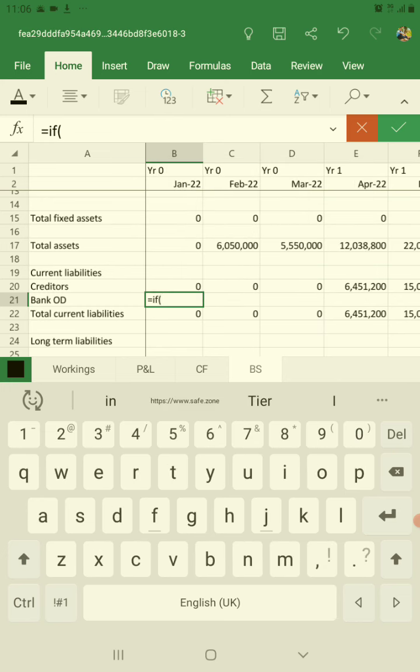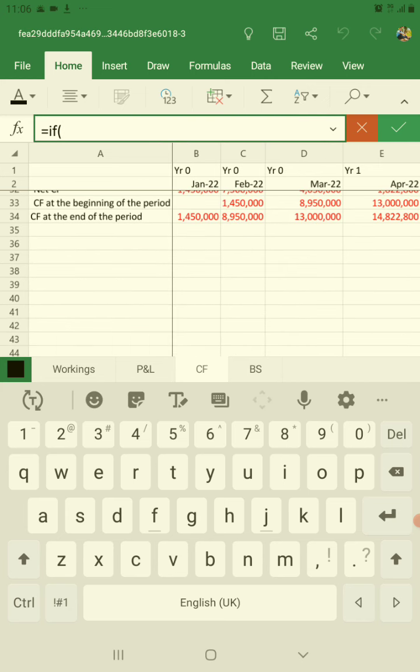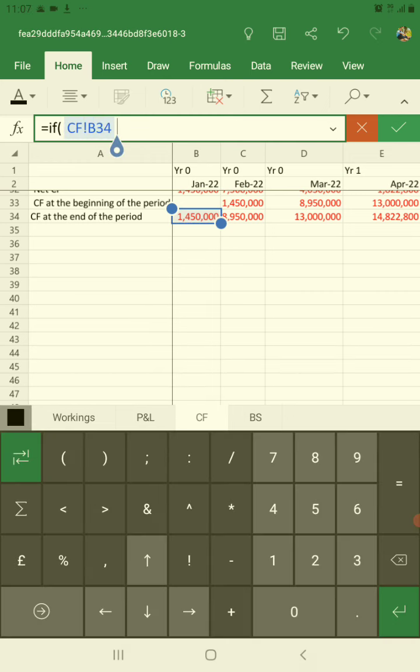If we go to cash flow again, if this balance in January 2022 is greater than 0, then I put comma.